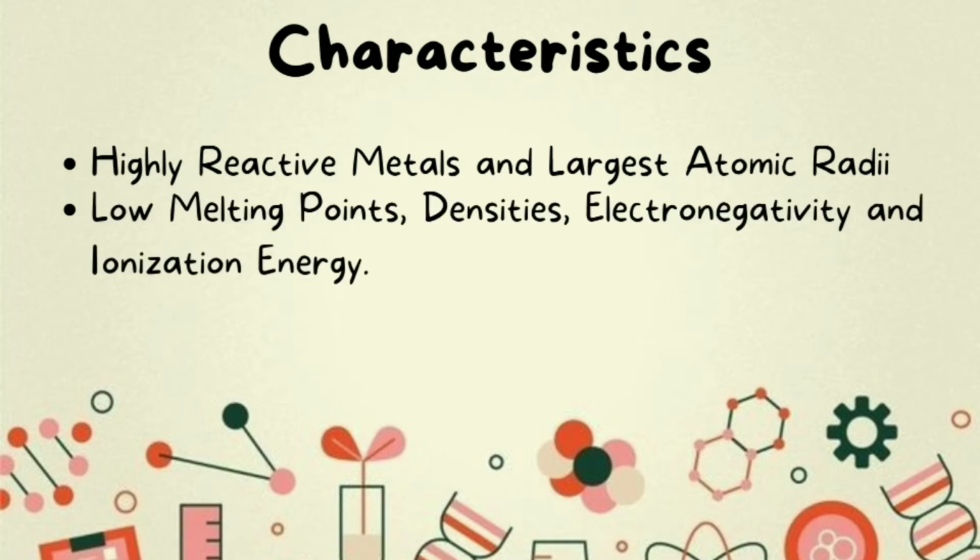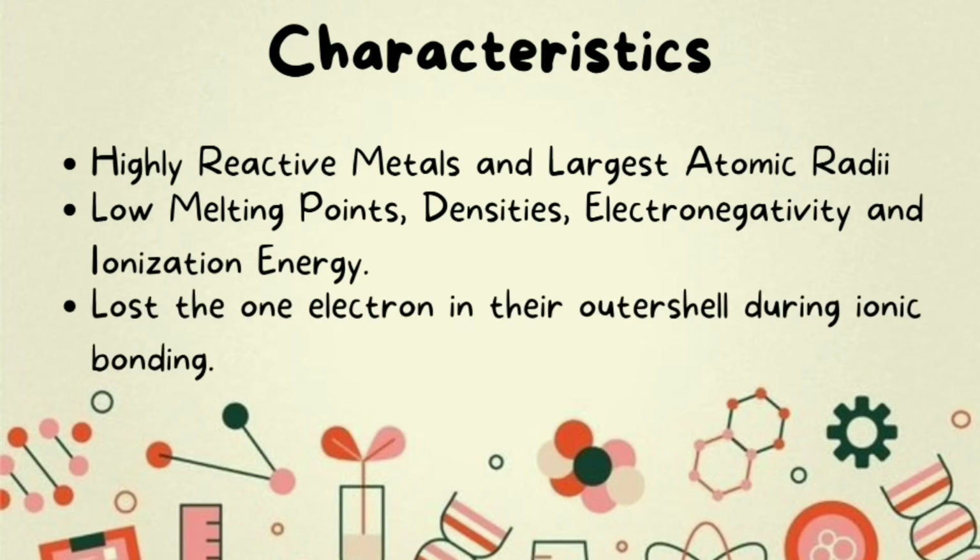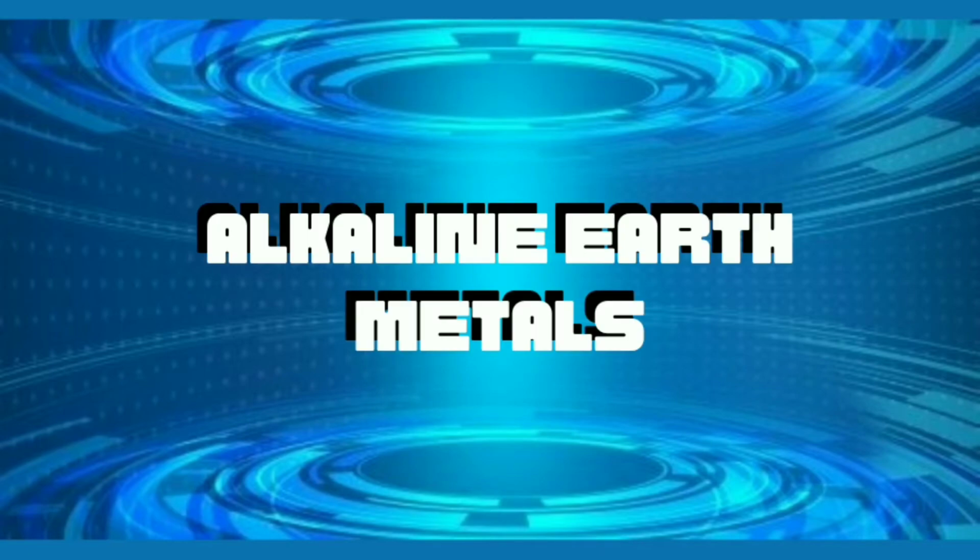Alkali metals are also low in melting points, densities, electronegativity, and ionization energy. They also have one valence electron, or one electron in their outer shell, which they lose during ionic bonding with other elements.